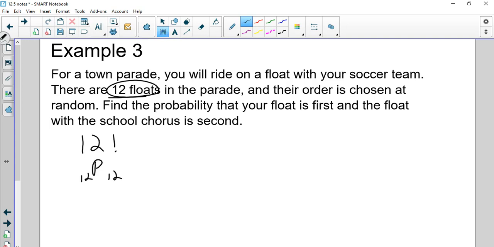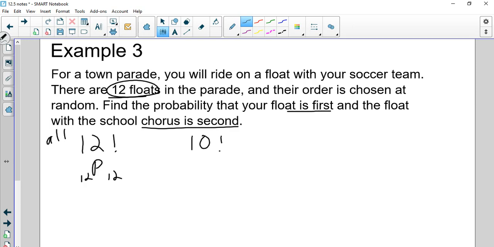All right. Now, that is all possible outcomes. Okay, 12 factorial. Okay, then we're talking about what we want to happen. So if we want first and second, all right, then that means there's 10 spots left, which is going to be 10 factorial.